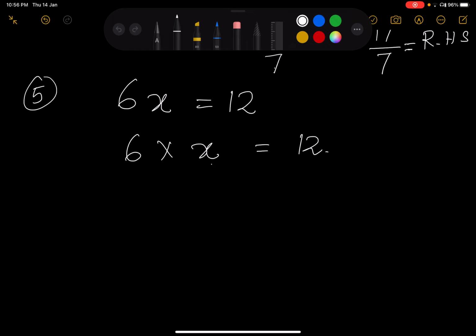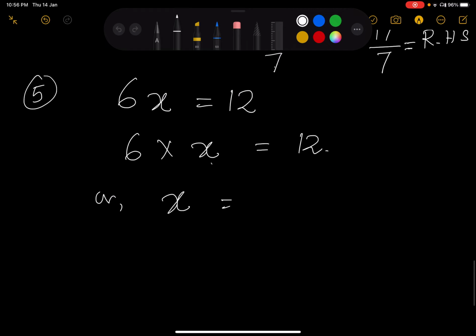When the variable is multiplied with a number, then to find out the variable, you will have to divide, that is 12 by 6. That is equal to 6 ones are 6, 6 twos are 12, x value is equal to 2.